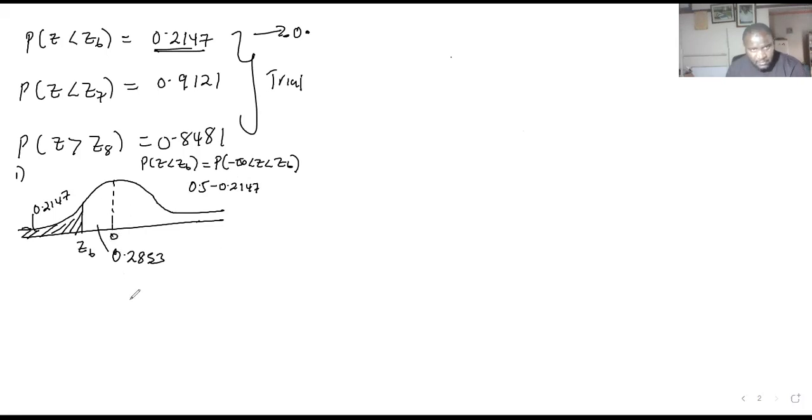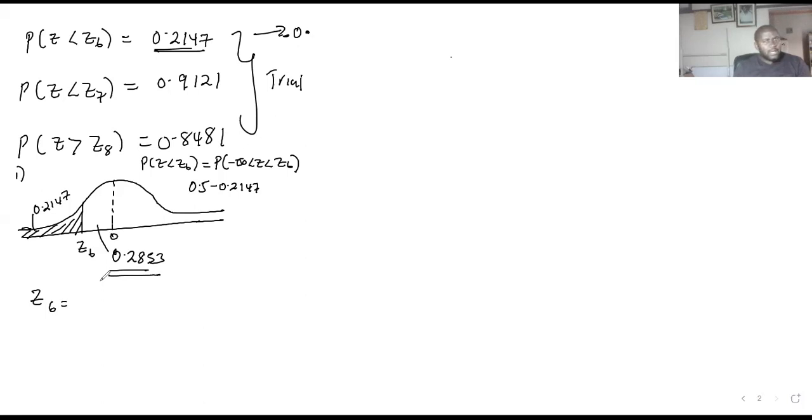So ask yourself, read this value from the table. What value of Z6 do you get? 0.809.